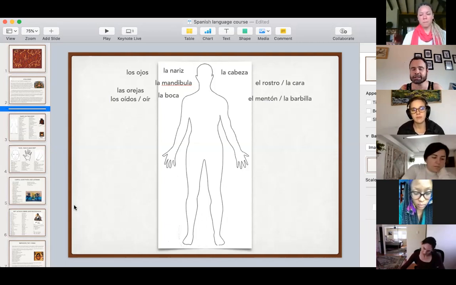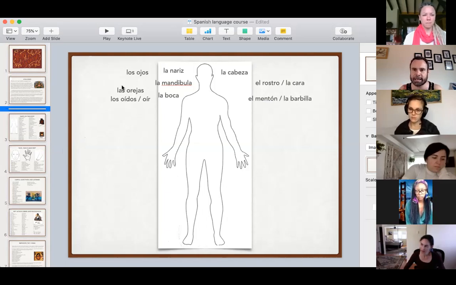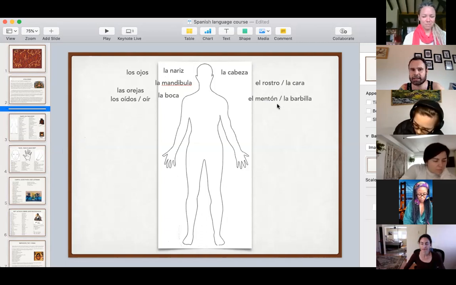As a very, very general rule, you'll find plenty of exceptions, the stress comes on the second to last syllable. Rostro, cabeza, cara, boca, orejas, oídos, ojos. If the stress doesn't come where you'd expect it to come, that's when we start to put an accent.